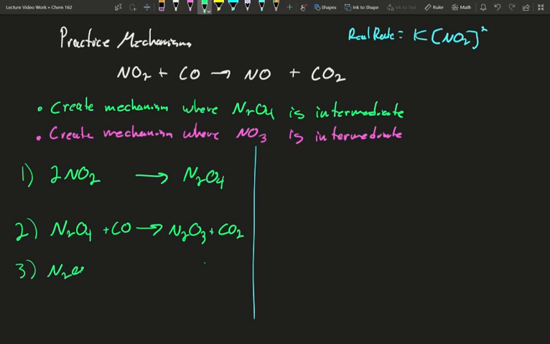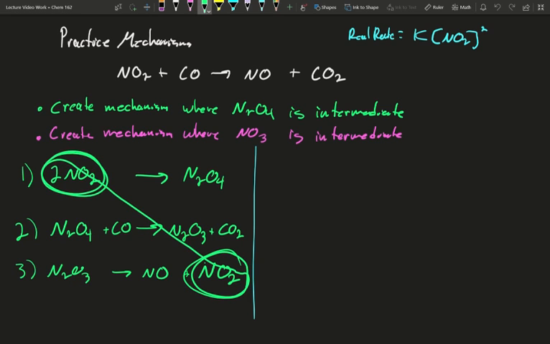Maybe my N2O3, well, if we think for a minute, I still haven't formed NO. So I need to make some NO. So maybe that just breaks off. Maybe 1 nitrogen and 1 oxygen leaves. That also leaves me 1 nitrogen and 2 oxygen remaining. Well, that gives me an NO2 in my products, except, hey, I had 2 in starting materials over here, and I only needed to use up 1 in my reaction.